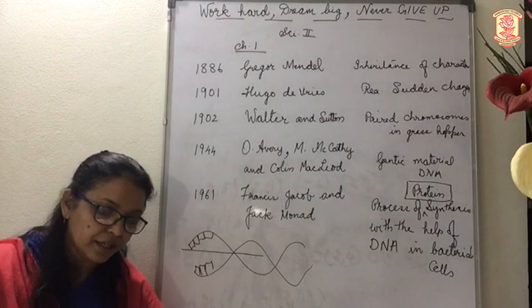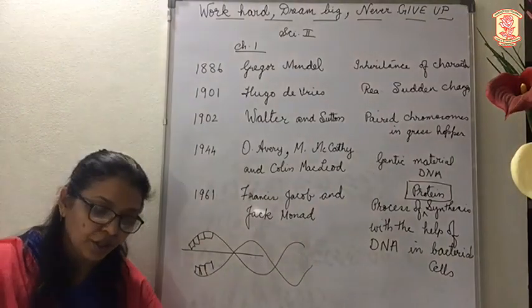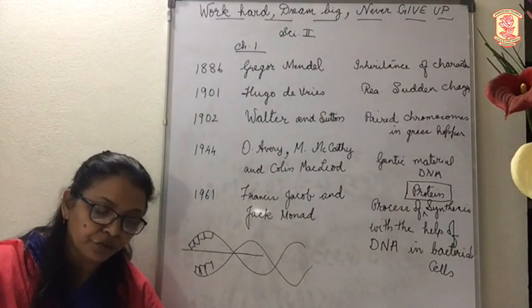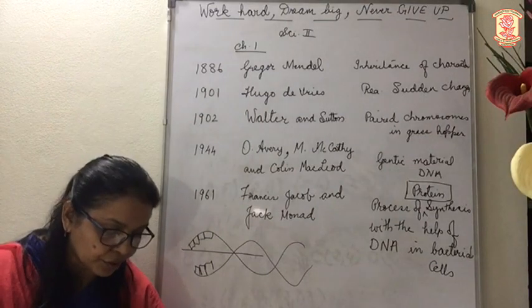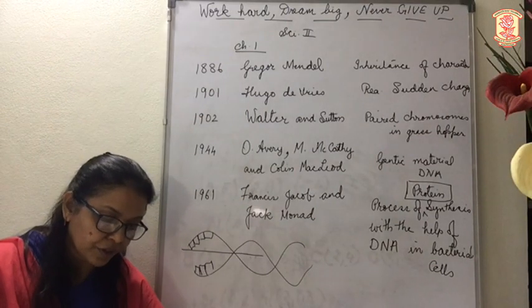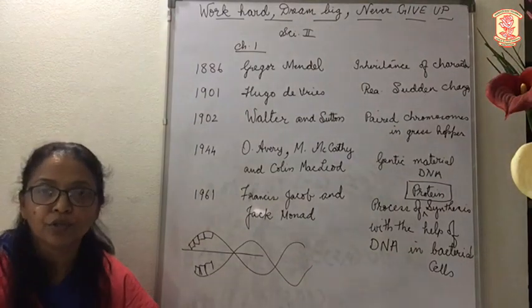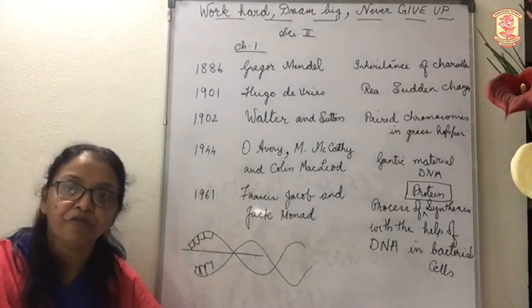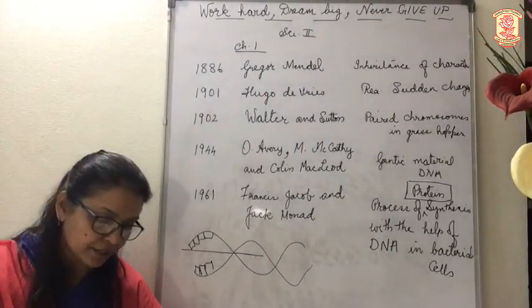It is called a triplet codon. So you must have already come to know that the process of making RNA from DNA is called transcription.